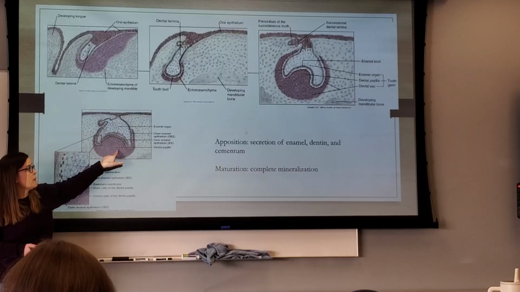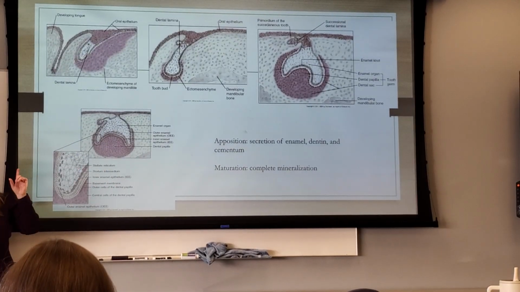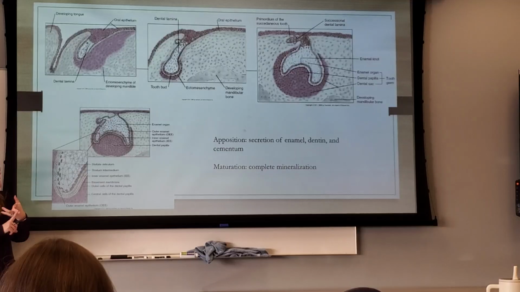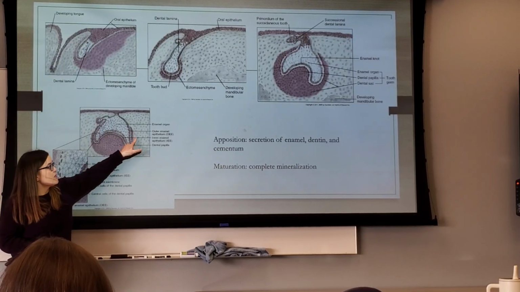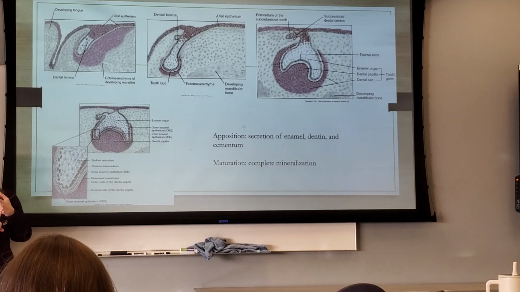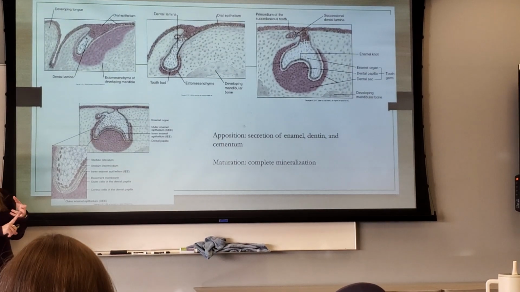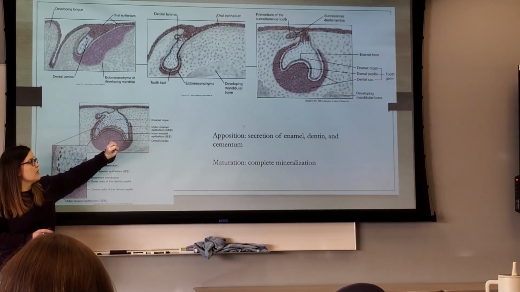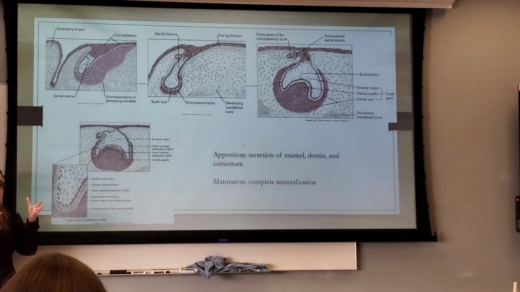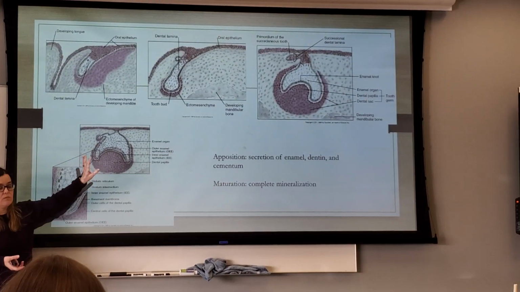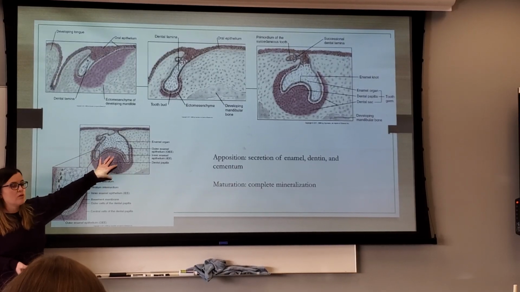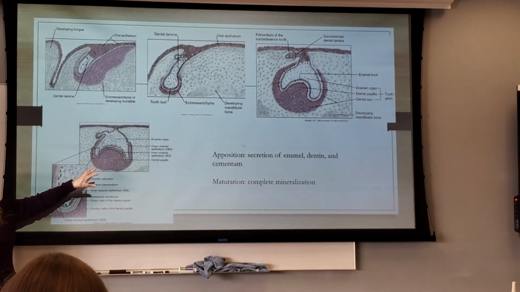We have the dental papilla, which is in the center, that's going to give rise to the inner part of our tooth, the dentin and the pulp. And then we have the dental sac, which is on the outside, that's going to give rise to the PDL and the cementum. Now that you know the structure of a tooth and where everything lies, hopefully this helps you make more sense of what it was when we talked about it. Everything that's on the inside of the tooth comes from that dental papilla of the tooth germ.